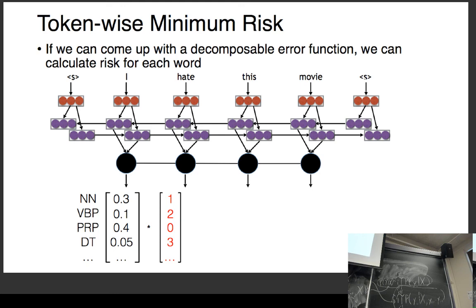You're a little bit better about mistaking a preposition for a verb phrase, and you're pretty okay with mistaking a preposition for a noun for whatever reason. If this is the case, you can calculate the risk for each value, and doing a minimum risk objective over this is as simple as calculating the probability for each of the tags, and then taking a dot product with your error function for each.